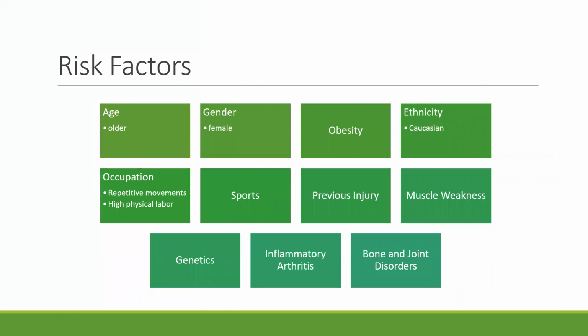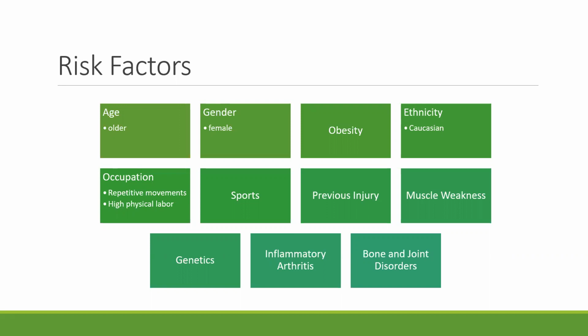Risk factors for developing osteoarthritis include age, especially older age. Gender, we see it more commonly in females. Being obese. Ethnically, Caucasians experience it more. Having an occupation where you're engaging in frequent repetitive movements, especially in those weight-bearing joints, like lifting things, bending up and down, and also engaging in high physical labor.